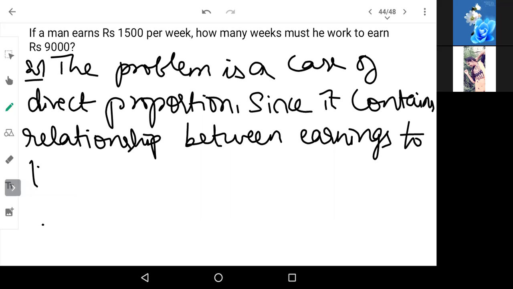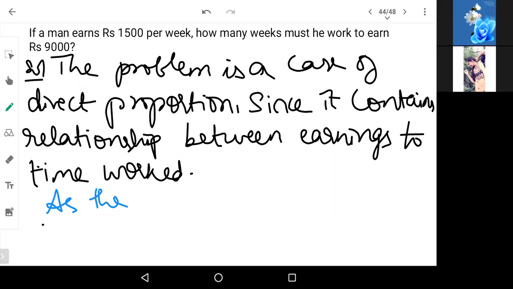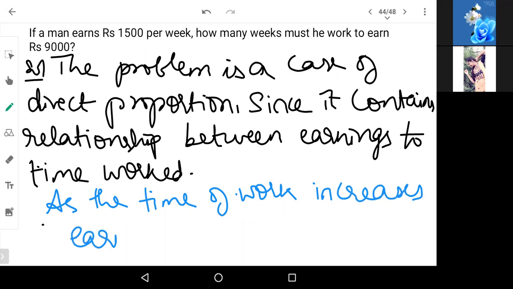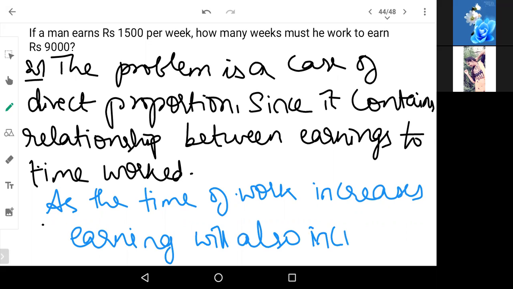Within how many weeks are they working? So time worked. As the time of work increases, earnings will also increase.